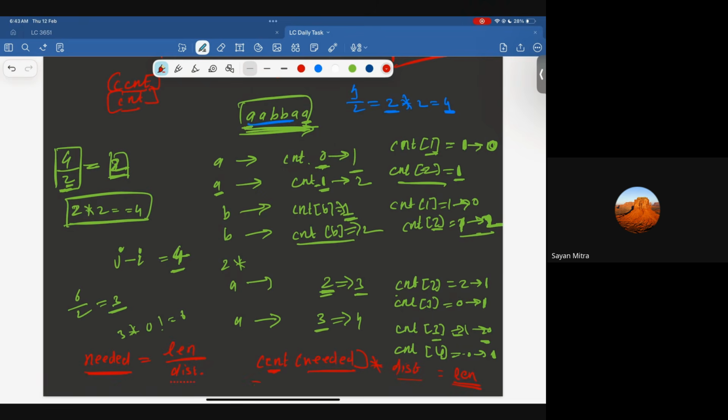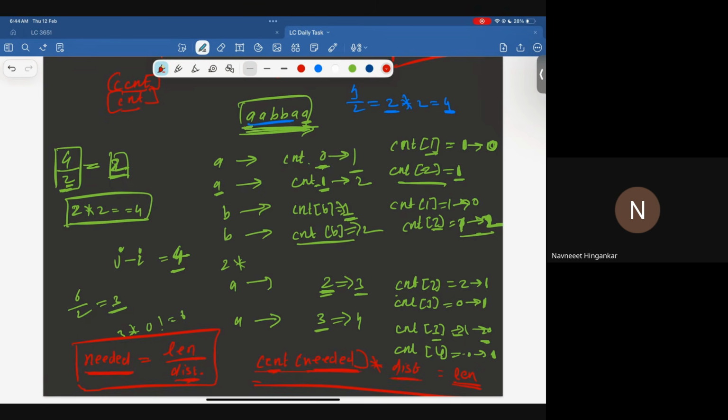The needed is what we are finding in the count of the occurrence, how many times that has occurred, right? This is the portion that we assume for the valid string. Every frequency is equal, so total length divided by total distinct characters will give us the frequency that we need. Once we have that frequency, we check its count.